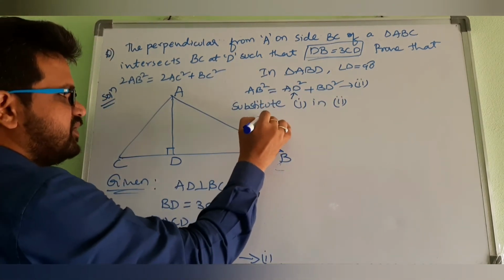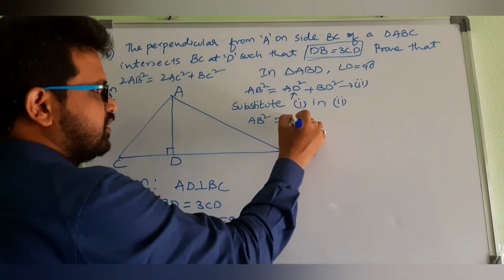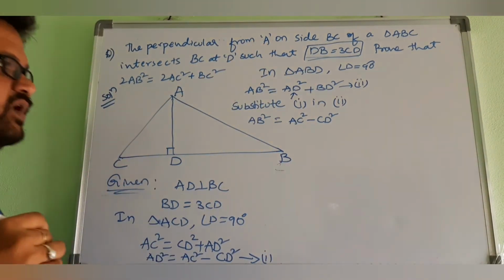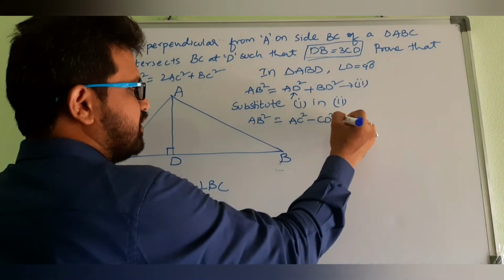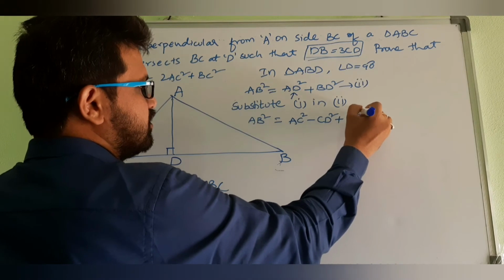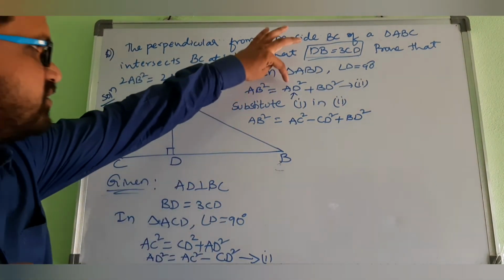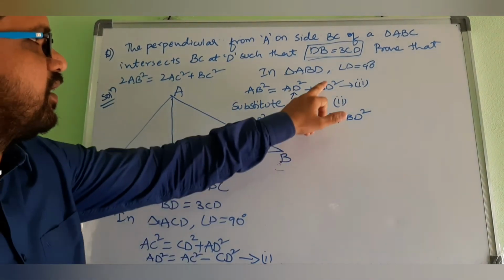So we get AB square is equal to AD square, and AD square means AC square minus CD square, plus BD square. This one as usual BD square. So in the place of AD square we are writing AC square minus CD square plus BD square.